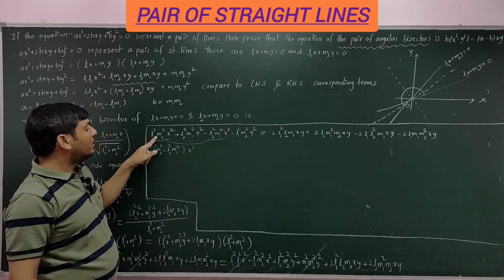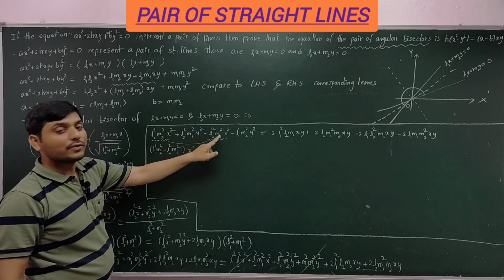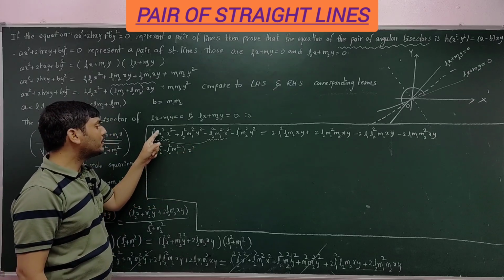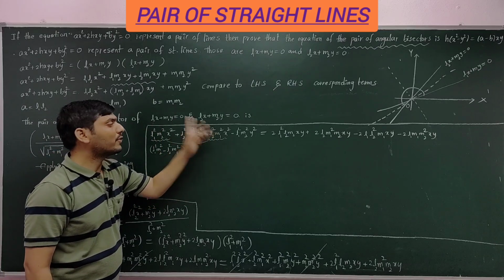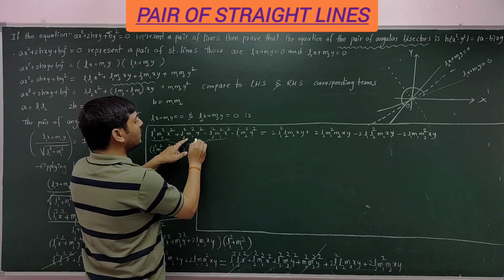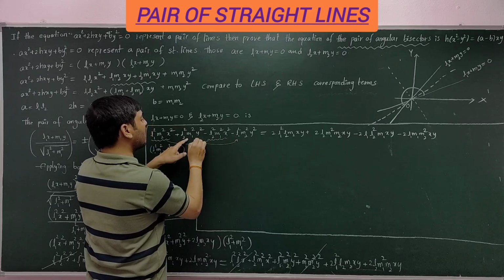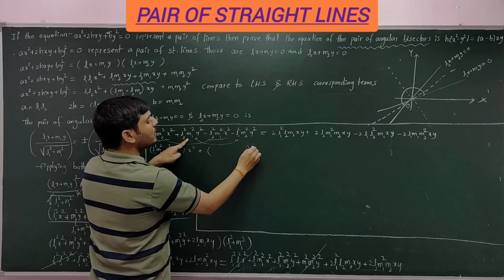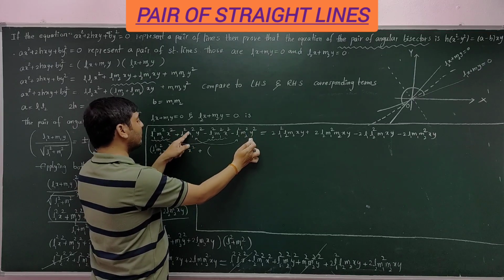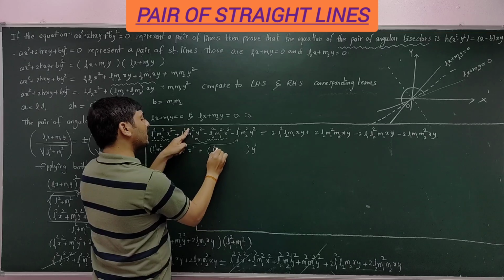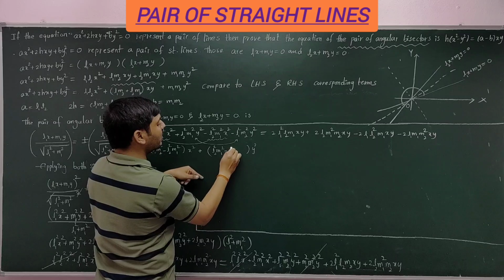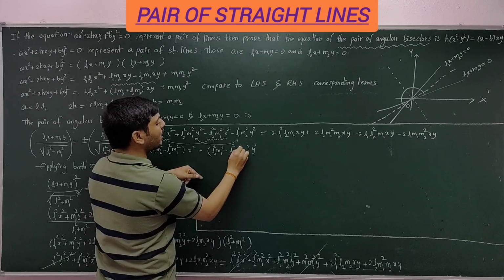These two terms have common x square, so x square goes outside the bracket and inside are l1 square m2 square minus l2 square m1 square. Clear? Now similarly, the y square terms: the common term is y square, and the remaining terms are l2 square m1 square, and then minus l1 square m2 square. It's clear?